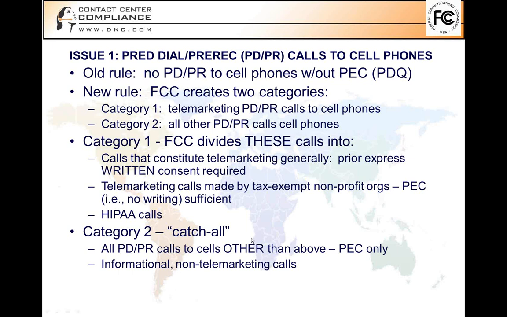So essentially, nothing has changed for debt collectors using predictive dialers calling cell phones, but the fact remains that if you have a cell phone number that was not provided to you in connection with the existing debt, then you still have to scrub out those numbers because you do not have prior express consent for those phone calls.